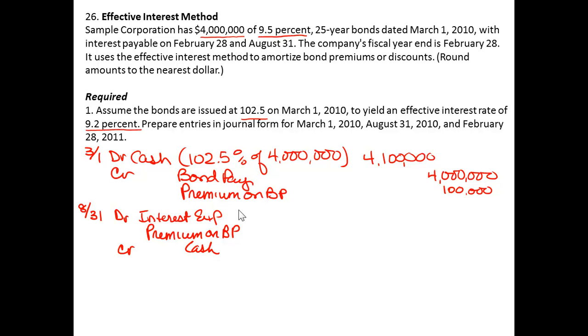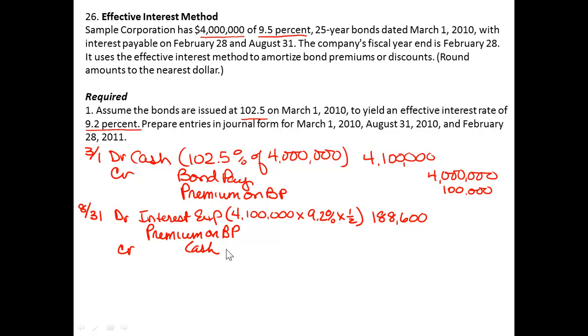So the interest expense, remember, is always the carrying value, which is the present value when we start out, which is $4.1 million, times the market or effective rate, which is 9.2%, times time, and it's been half a year. So the debit to interest expense on the first interest payment is for $188,600.